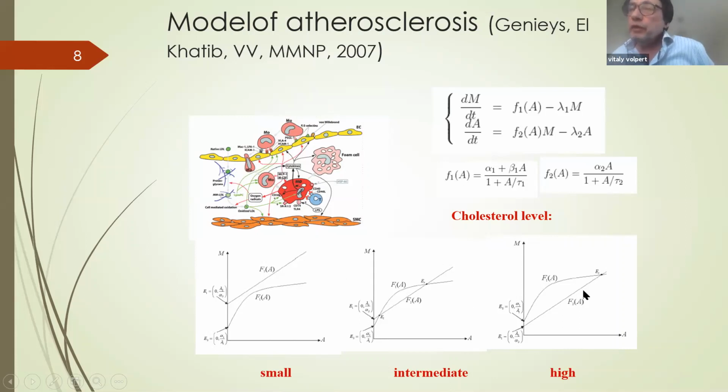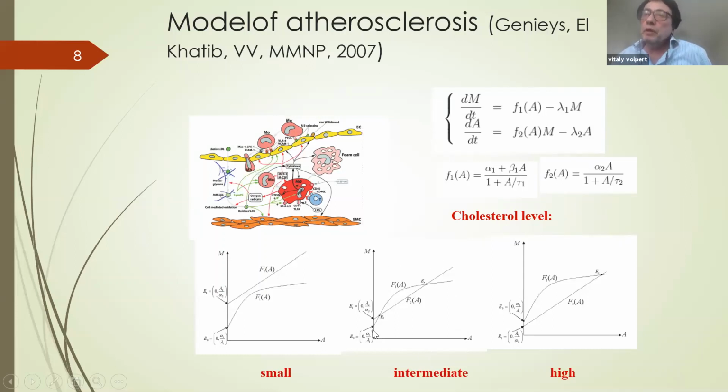And these three different cases depend on the cholesterol level. If we have a good diet, we have a low cholesterol level in our blood, we have this left case, no disease. In the second case, if the level of cholesterol is intermediate, we have this bistable case.